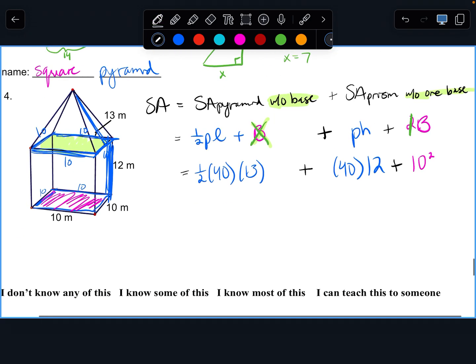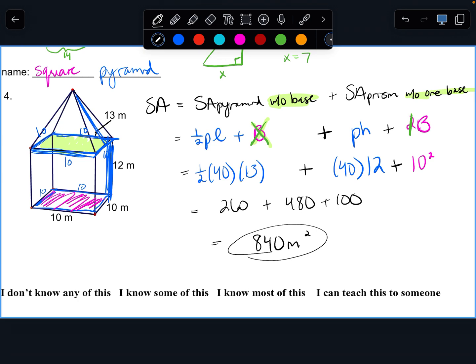And then combine it, so 260 plus 480 plus 100. So what is that, 840, right? Meters squared? Yeah, that seems right. So, I don't know.